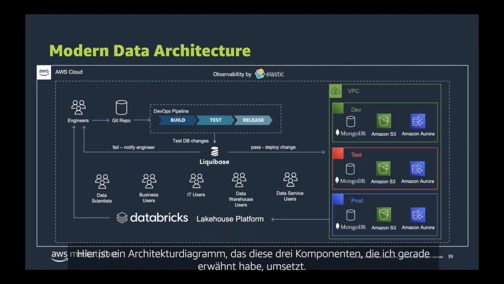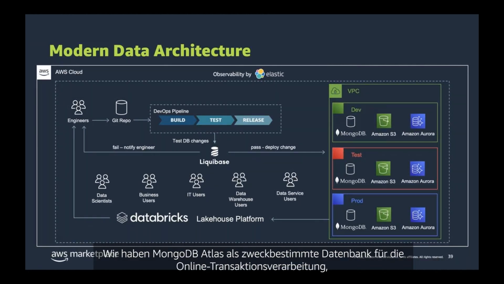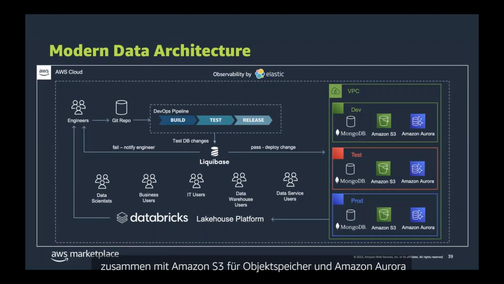Here's an architectural diagram that achieves those 3 components that I just mentioned. We have MongoDB Atlas for purpose-built database for online transaction processing, along with Amazon S3 for object storage, and Amazon Aurora for online analytic processing.